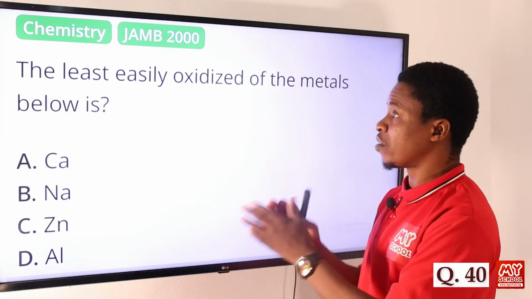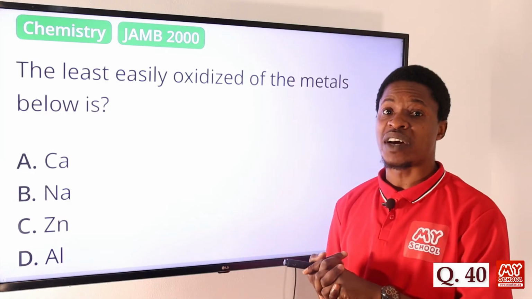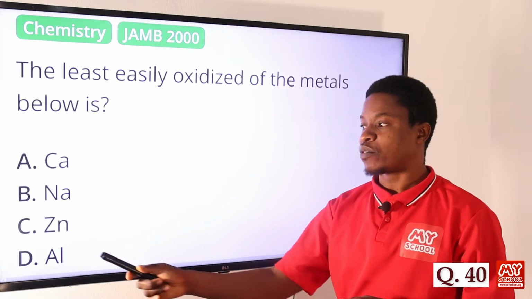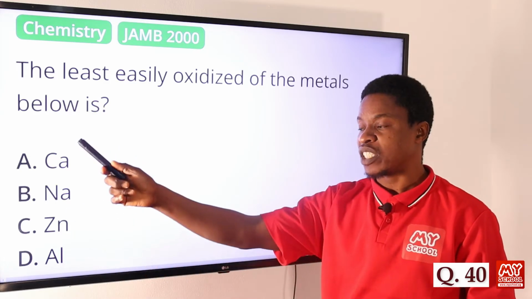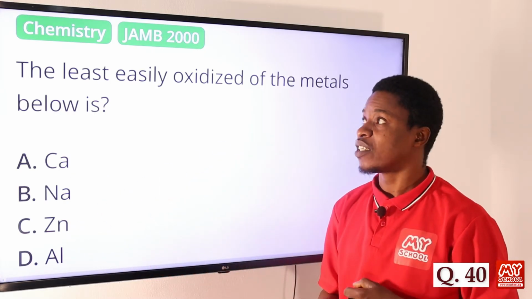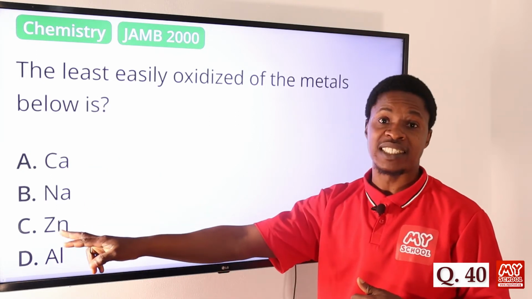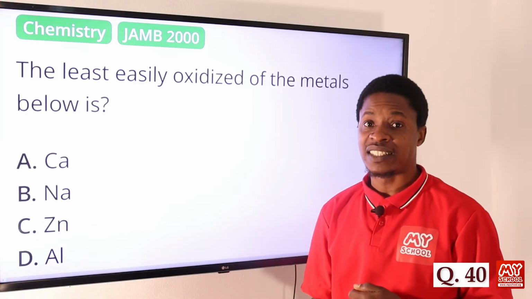In the activity series, you look at how reactive each of the metals are. If you look at the activity series properly, you discover that aluminum actually is greater in terms of reactivity. Among these four, zinc actually is the least easily oxidized. This is higher than this in terms of reactivity, okay? So option C is the correct answer, zinc.